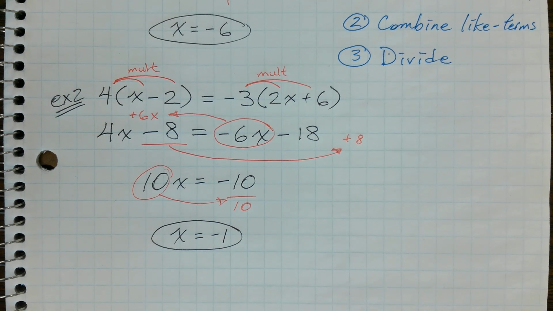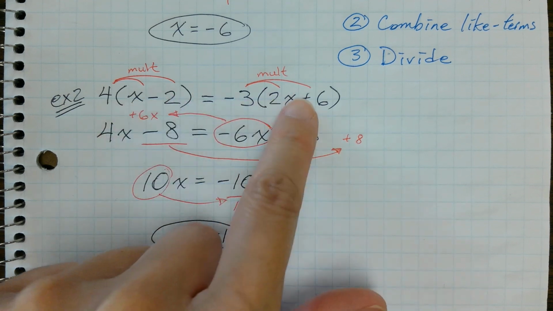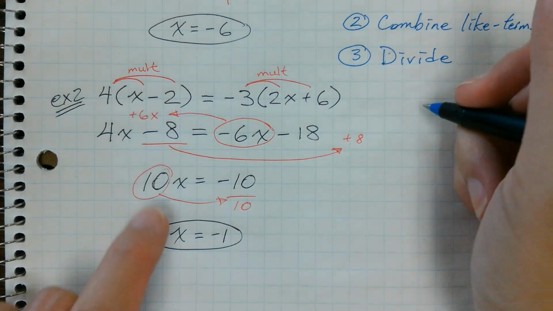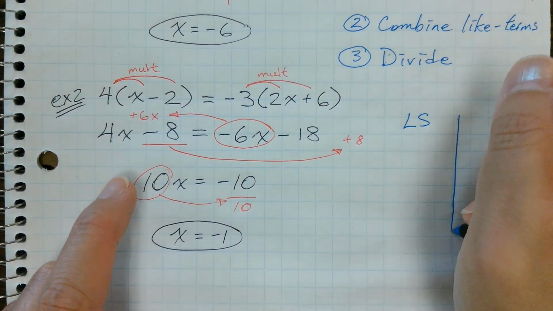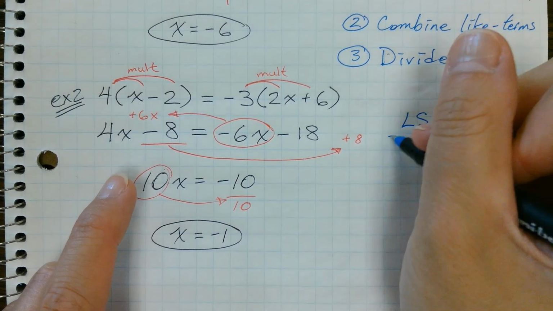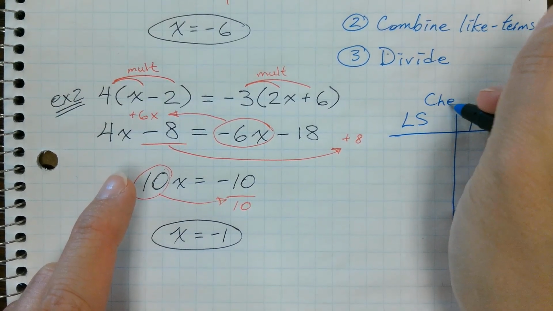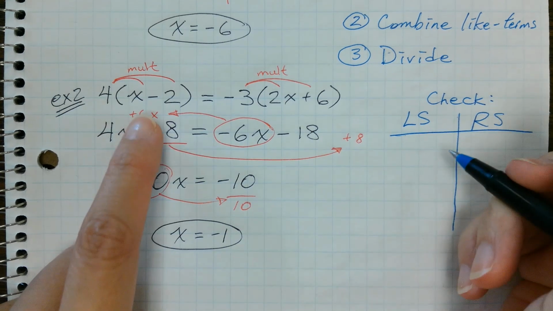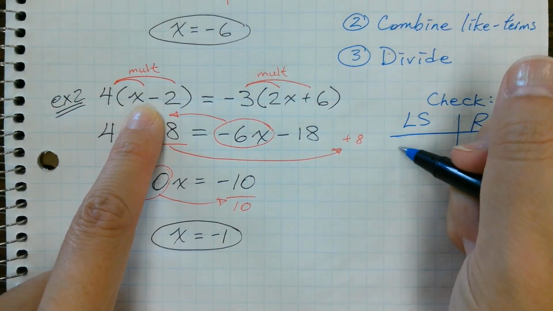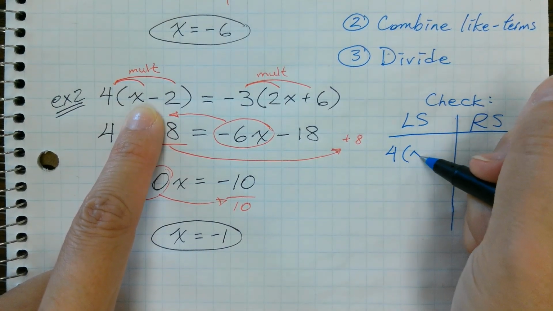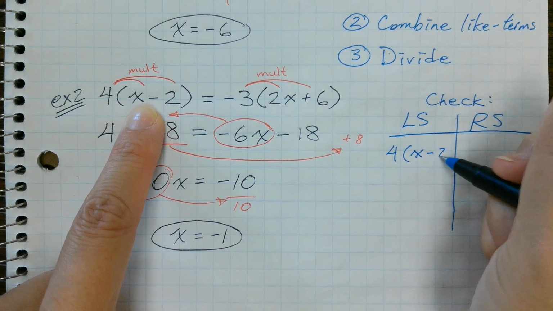How do I check to see if my number is right? Notice I do have two places where I have to put it. So what you want to do is a left side, right side check. On the left side of the equal sign in the question, I had 4 bracket x minus 2.